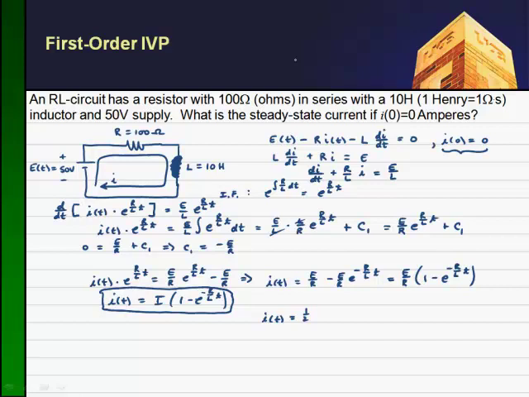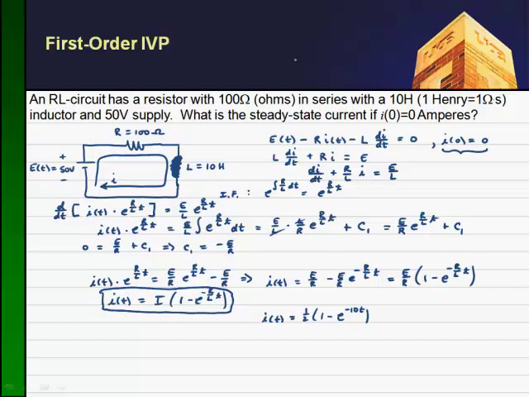And I have 1 minus E to the minus R over L, so I have minus 100 over 10, so it should give me a minus 10t. Now this would be the unique solution given these values, for these passive elements and then the supply.